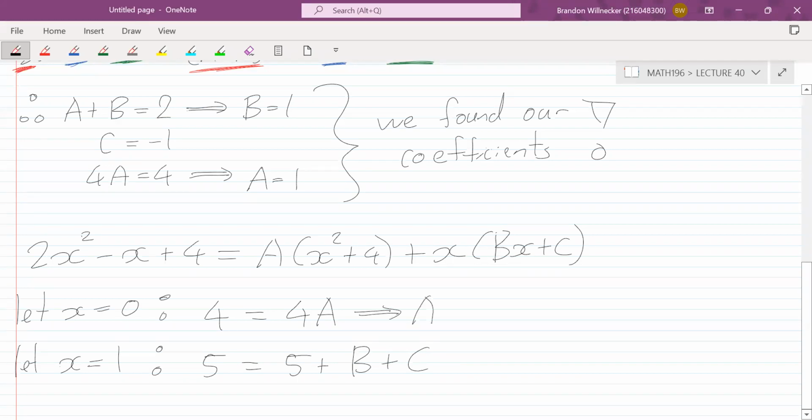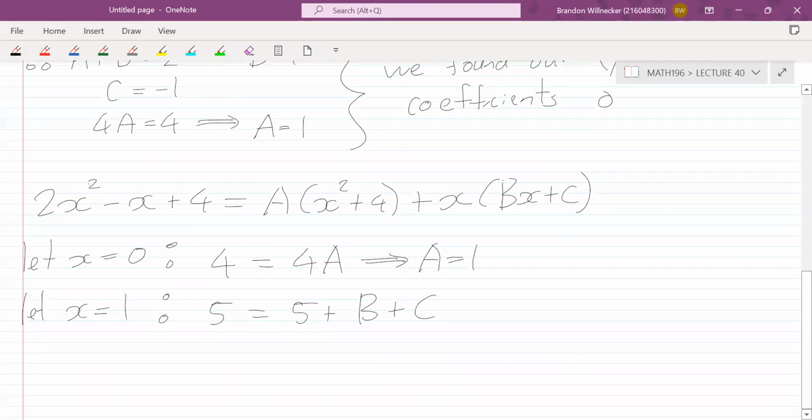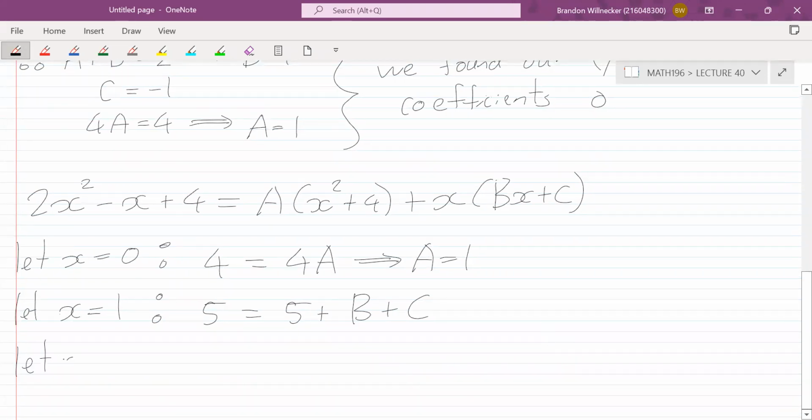So this gives us A equals 1. And if we let x equal −1, then we get 7 equals 5A + B − C. Then we can use equations 2 and 3 to solve for B being equal to 1 and C being equal to −1.